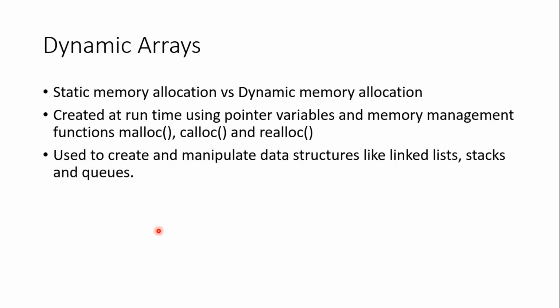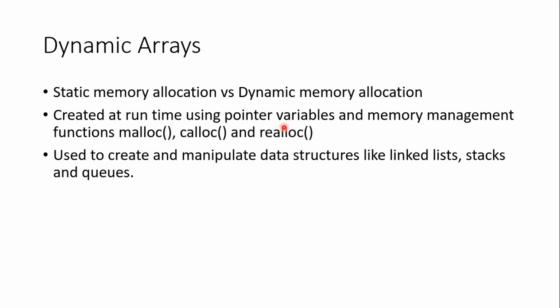Another type of array is dynamic arrays. Generally, there are two types of memory allocation in C, static memory allocation and dynamic memory allocation. Till now, we have studied static memory allocation, which means we declare the size at compile time. If you want to declare the size at runtime, then dynamic memory allocation is used.